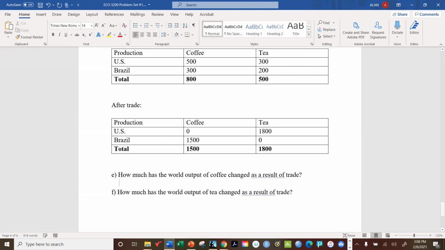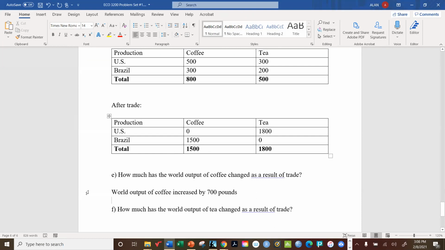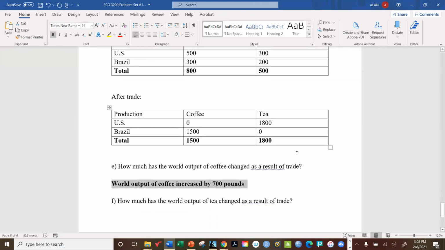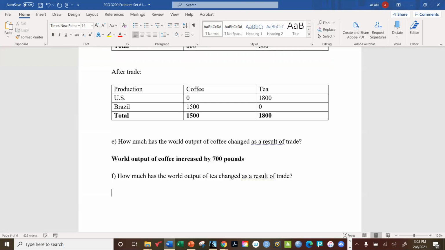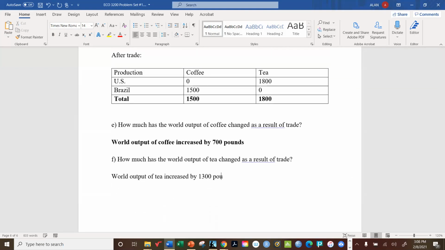world output of coffee increased by 700 pounds between the two countries, and the tea went up by 1,300 pounds.